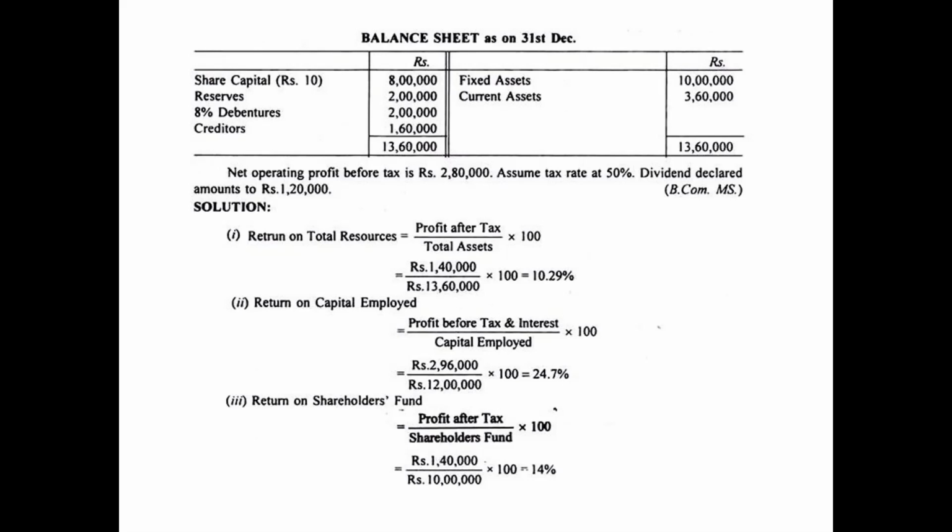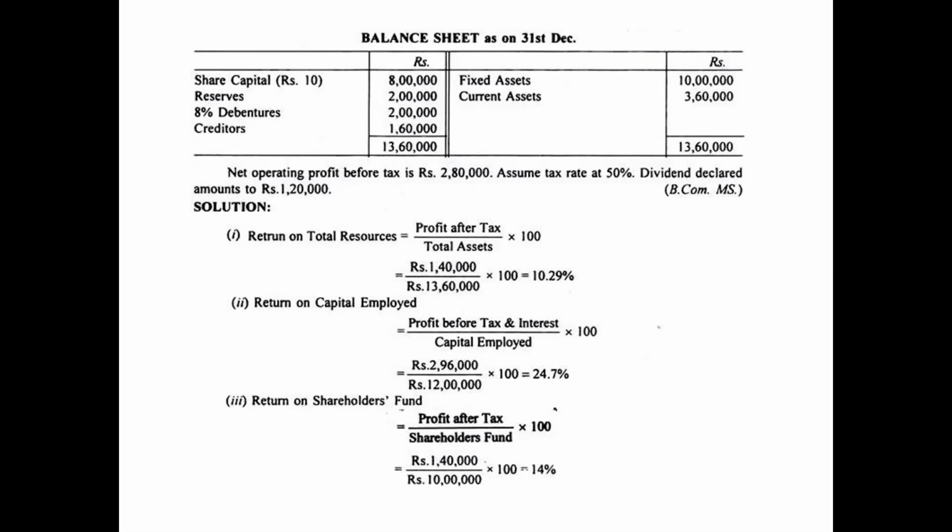This is how you get it. 8% on 2 lakhs, how much is it? You calculate it and add it, and you get the profit before interest and tax. Then divide by capital employed, the whole capital employed, that is share capital, your debentures, your reserves, everything. Okay, so you get 12,000 as your capital employed. Now into 100 you get the answer, right?